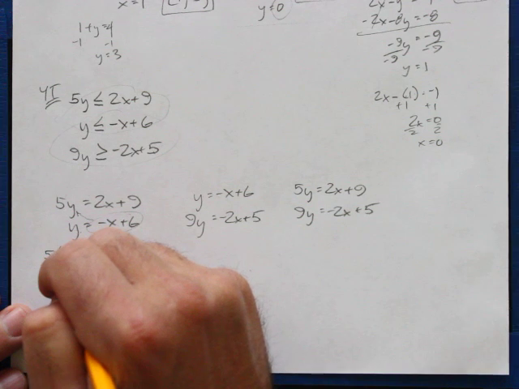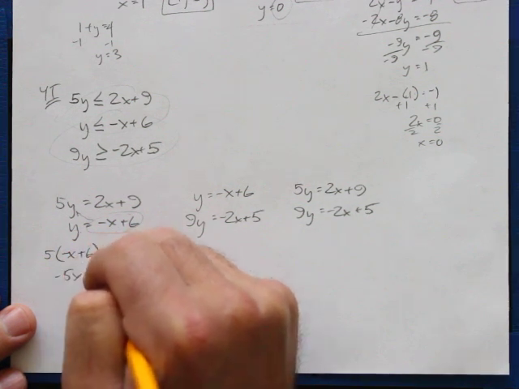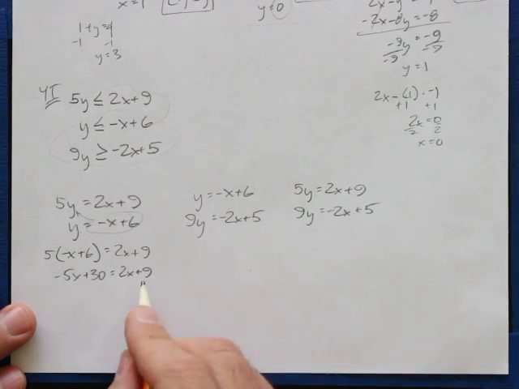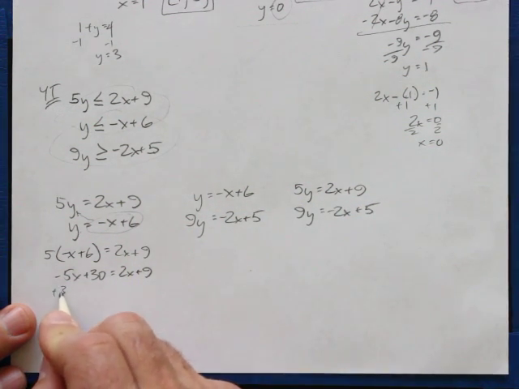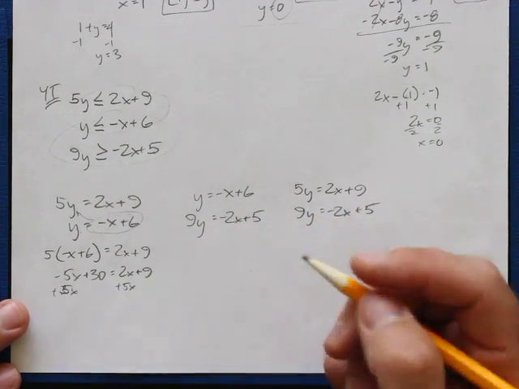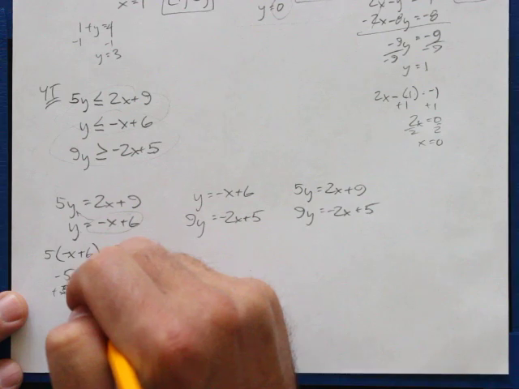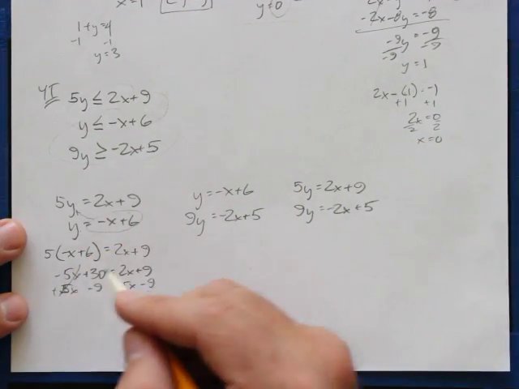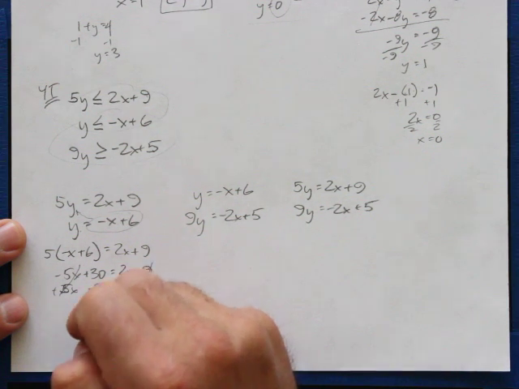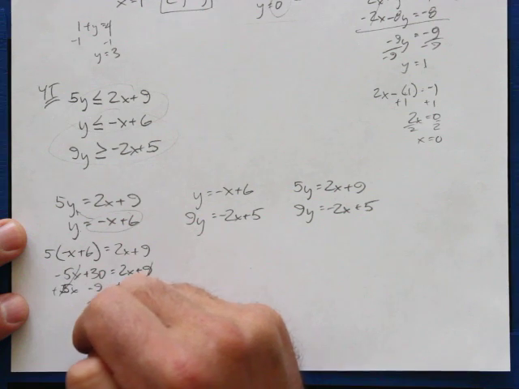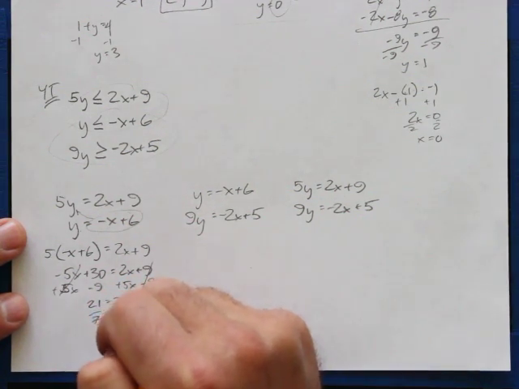So negative 5x plus 30 equals 2x plus 9. I'm going to add 5x to both sides. And since we are in Algebra 2, I can do kind of 2 steps at one time. Subtract 9 from each side. Those go away, those go away. I've got 21 equals 7x, divide by 7, and x equals 3.